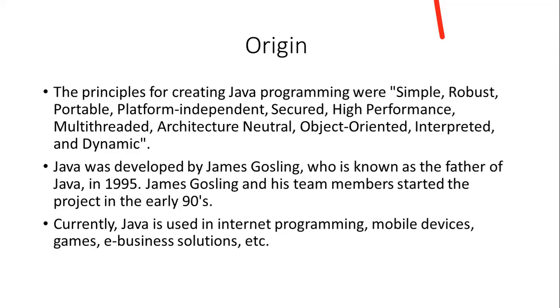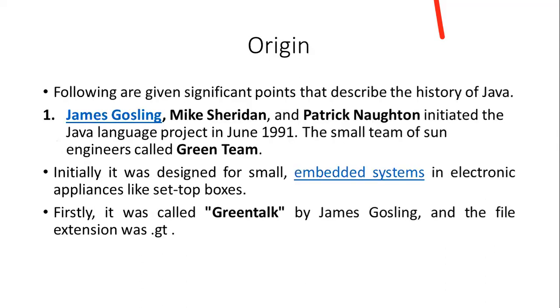Currently, Java is used in internet programming, mobile devices, games, e-business solutions, etc. As we know, most applications and most games are developed in Java. So nowadays Java is used in various sectors.